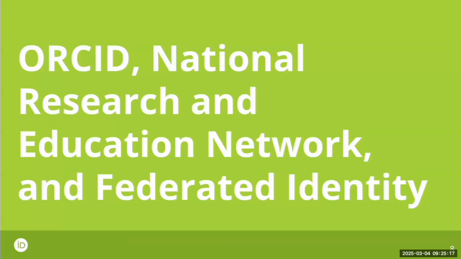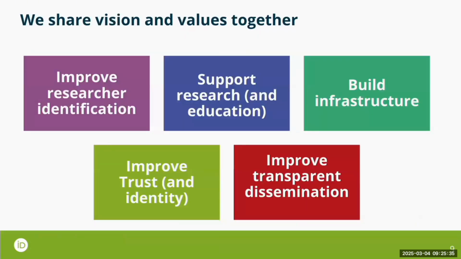From now on, I'm going to talk more about ORCID, NRENs, and federated identity. I hope everybody now gets a bit of a sense of ORCID and what it offers and how it helps. This is what we try to communicate, because we realize, as I'm going to show later on, that ORCID globally works with a lot of different NRENs and federated identities as well.